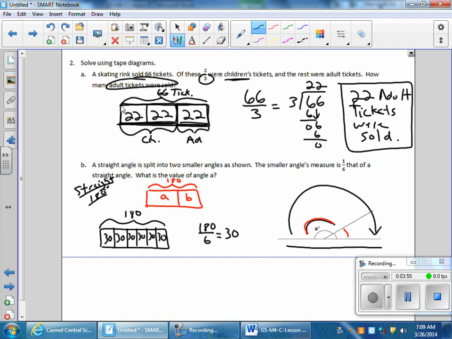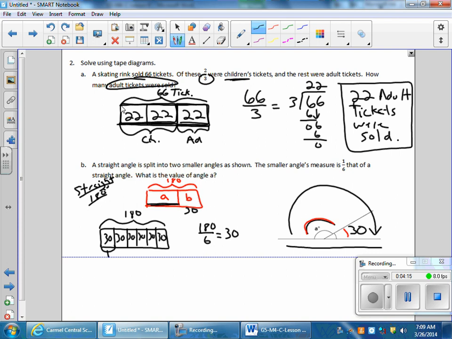If the smaller angle is 1/6 of that, 1/6 is 30. So angle B is 30. What's angle A?